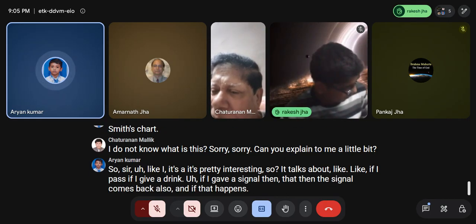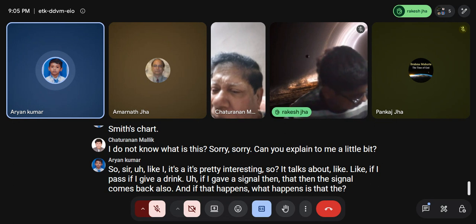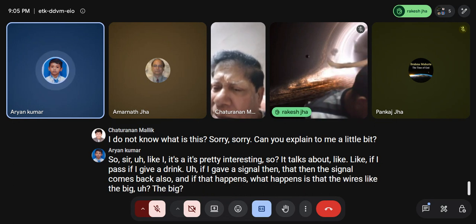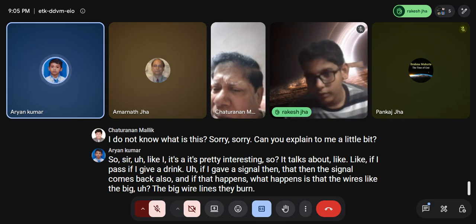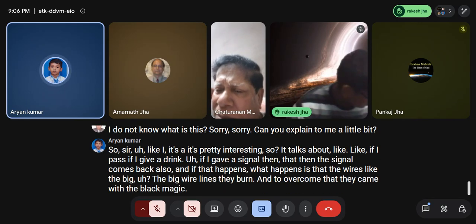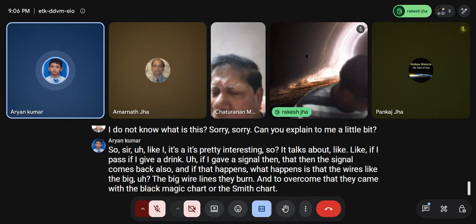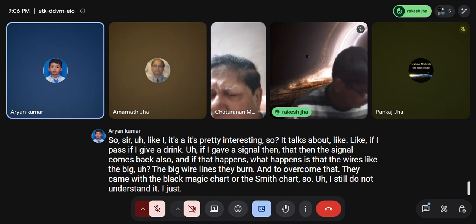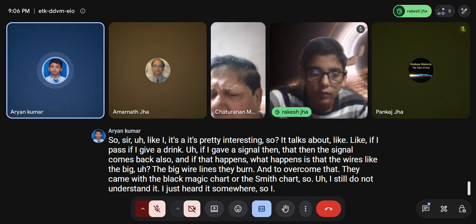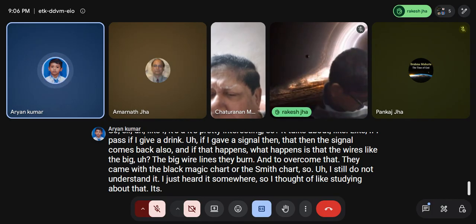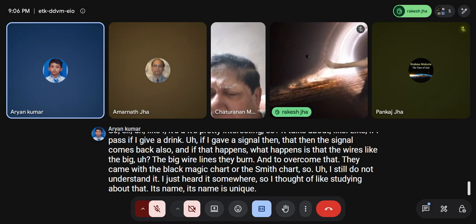And if that happens, what happens is that the wires, like the big wire lines, they burn. And to overcome that, they came up with the black magic chart or the Smith chart. I still do not understand it. I just heard it somewhere, so I thought of studying about that too. Its name is pretty unique.